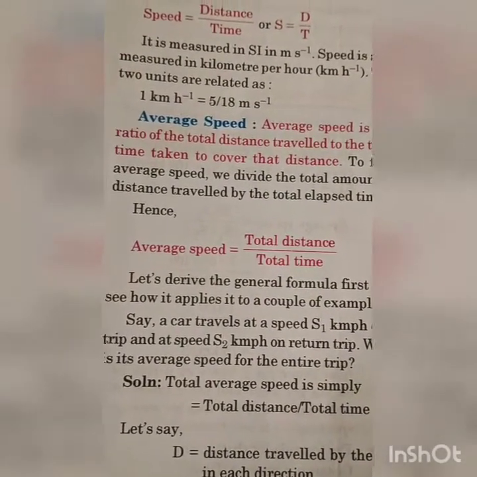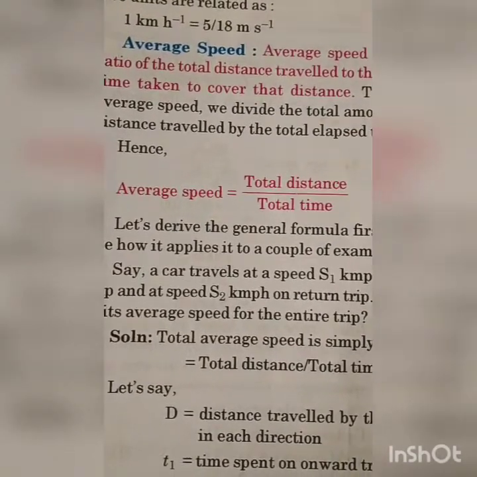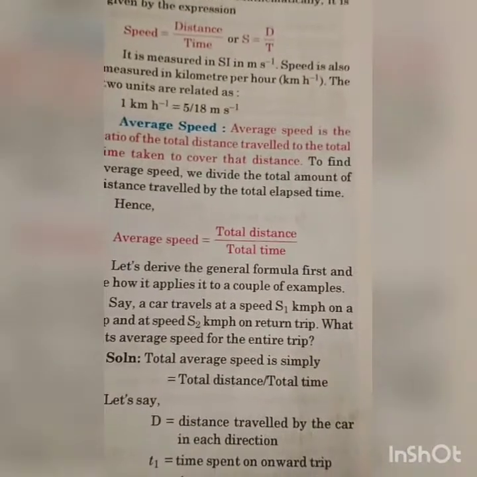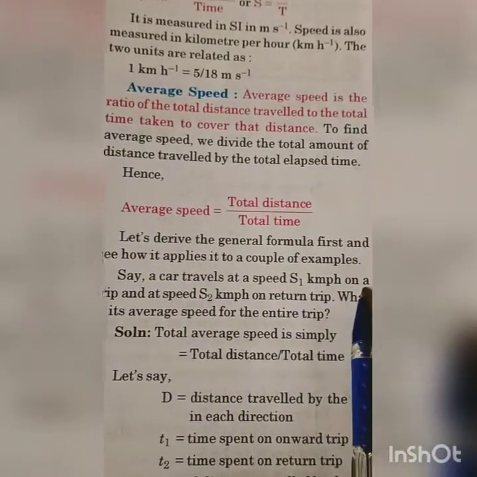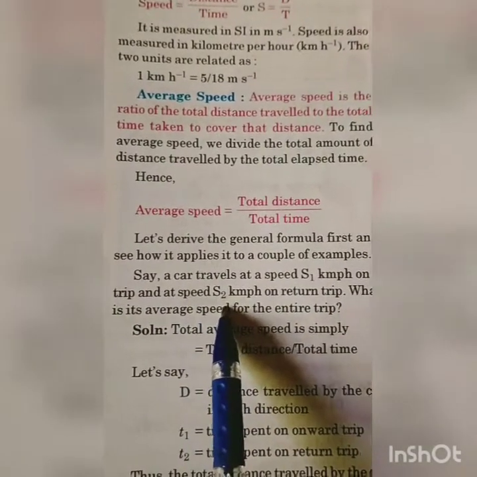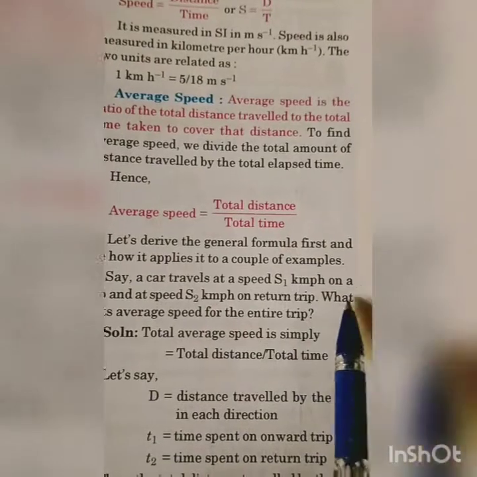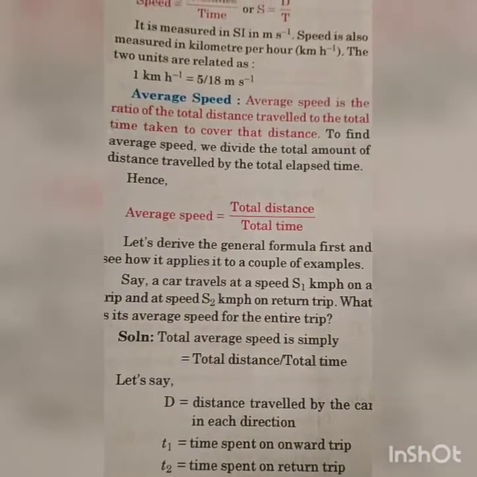Now if you know the speeds, here is an example. A car travels at a speed s1 kilometer per hour and speed s2 kilometer per hour on the return trip. You have to find the average speed.